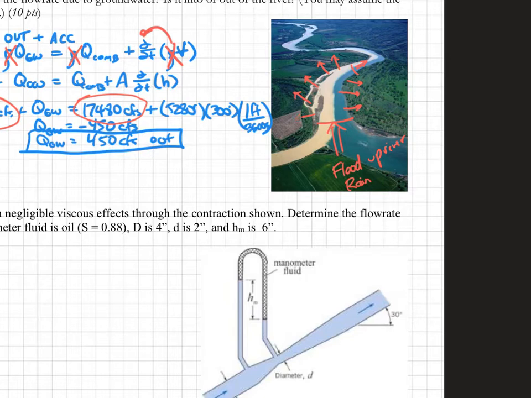So typically we would expect, if the water is rising in the river, that one of the reasons it's rising is that the groundwater is coming in. Okay? And usually in that case, though, what would end up happening is that you would have more leaving than coming in. Okay? And that would imply a local rainstorm.